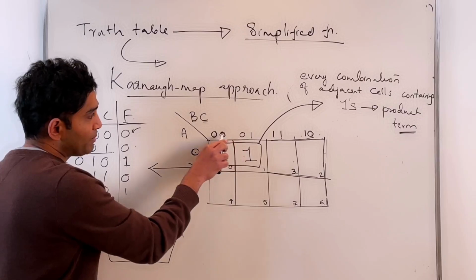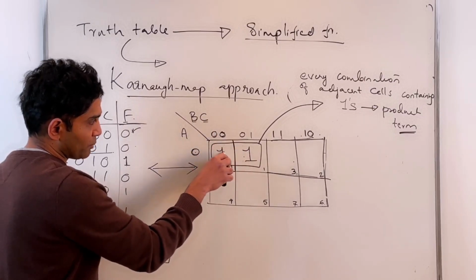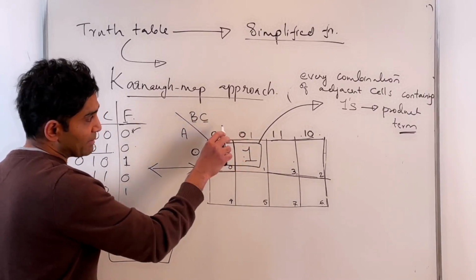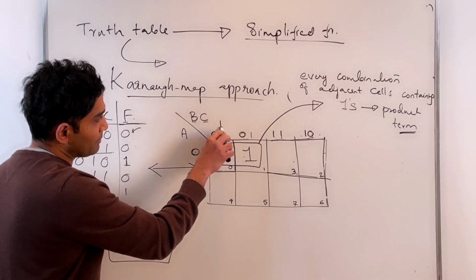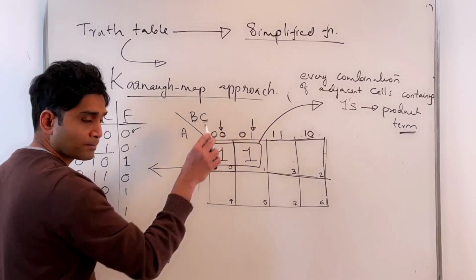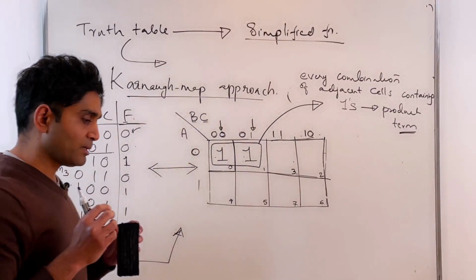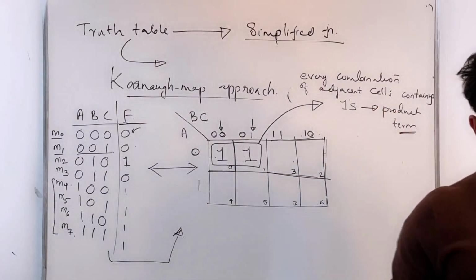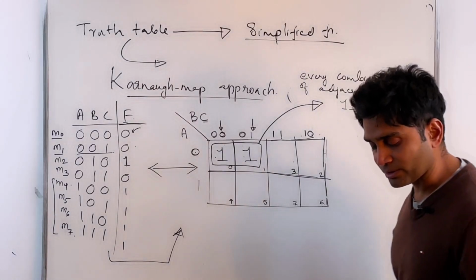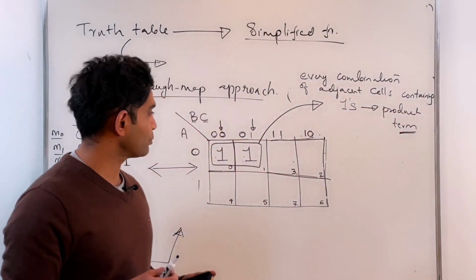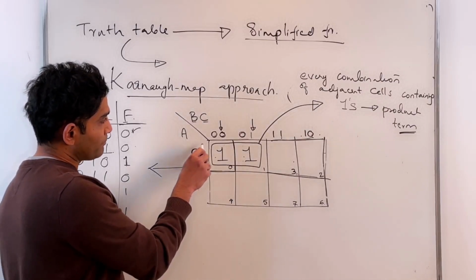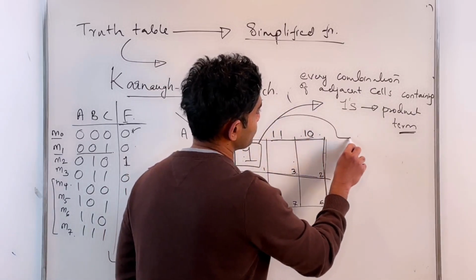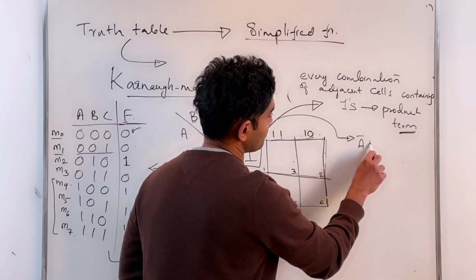Going from this cell to this cell, B remains as B prime. C gets eliminated because C is changing from C prime to C. So I preserve the variables that do not change and eliminate the ones that do change. In this case, the variables that do not change are A prime and B prime. So the product term I get from this combination is A prime B prime.